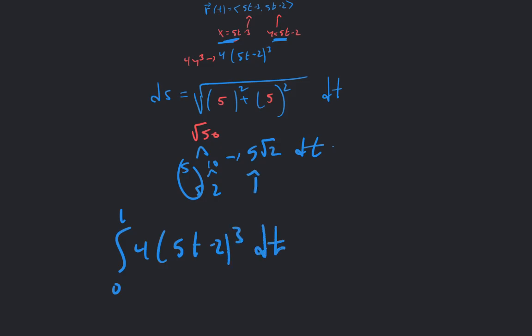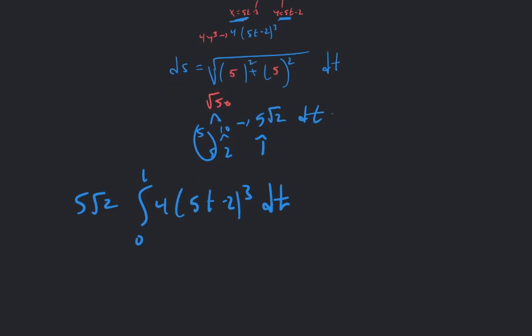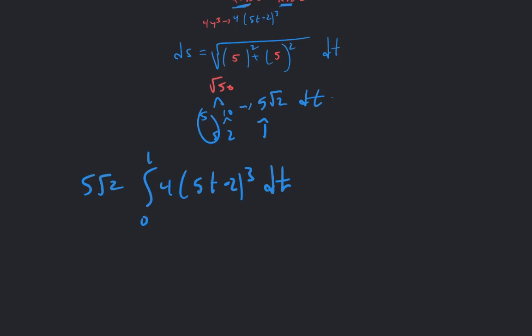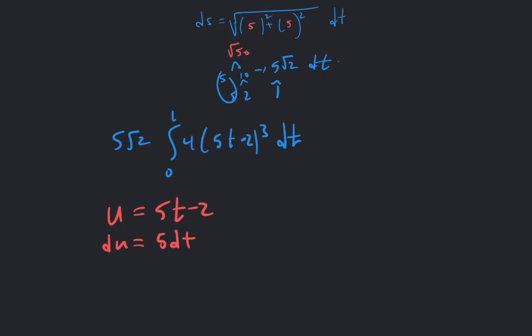But remember, we need to multiply by 5 root 2. And then we're going to do a simple u substitution. U is equal to 5t minus 2, du is 5 dt, or du over 5 is dt.